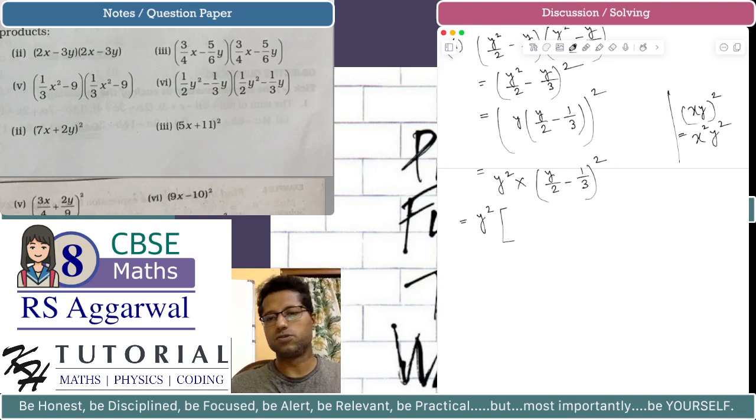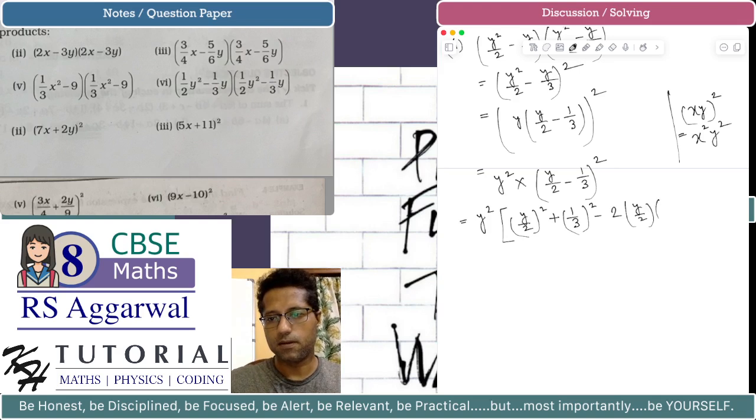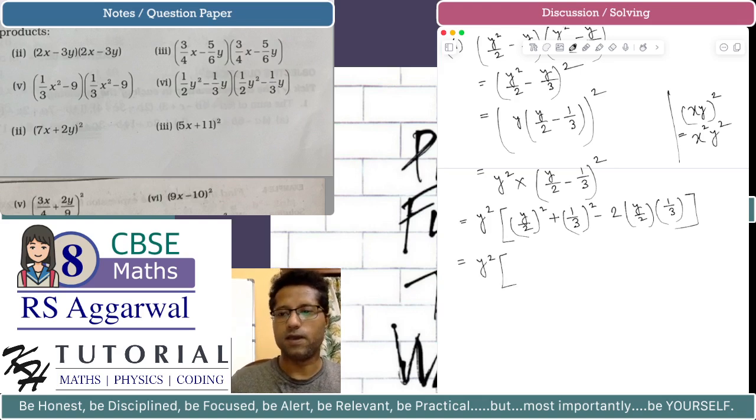So a minus b whole square is a square, that is y by 2 square, plus b square, that is 1 by 3 square, minus twice a and b. So this is equal to y square, and we have y square by 4 plus 1 by 9 minus y by 3.